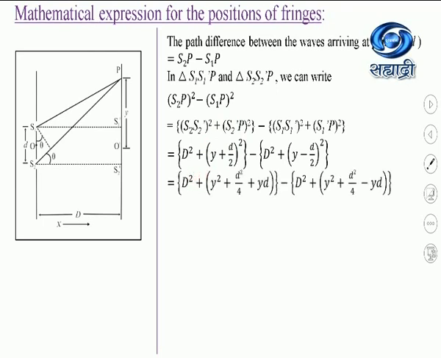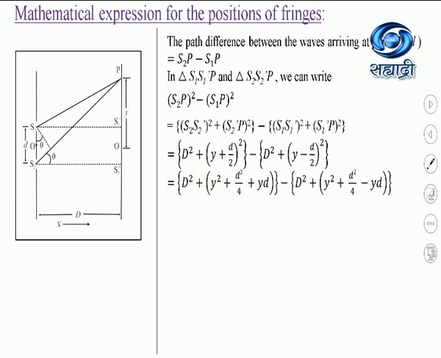So D square plus Y square plus D square by 4 plus YD, minus D square plus Y square plus D square by 4 minus YD. Now if we open the two brackets, in the first bracket plus D square and in the second bracket minus D square, so they get cancelled.